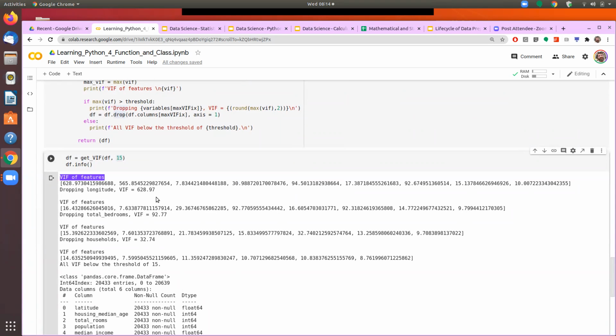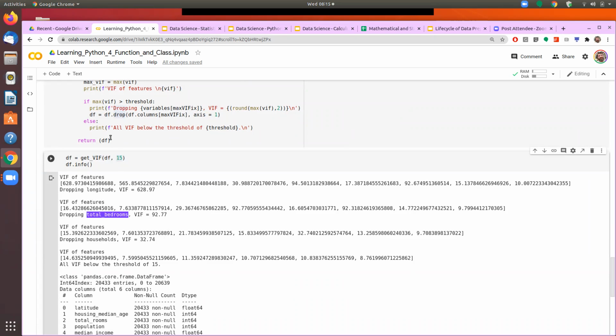Then it runs the iteration once again. Now having dropped the longitude, we are left with only the remaining features. It computes the VIF score once again. And then we see that the highest VIF score now comes for the total bedrooms.